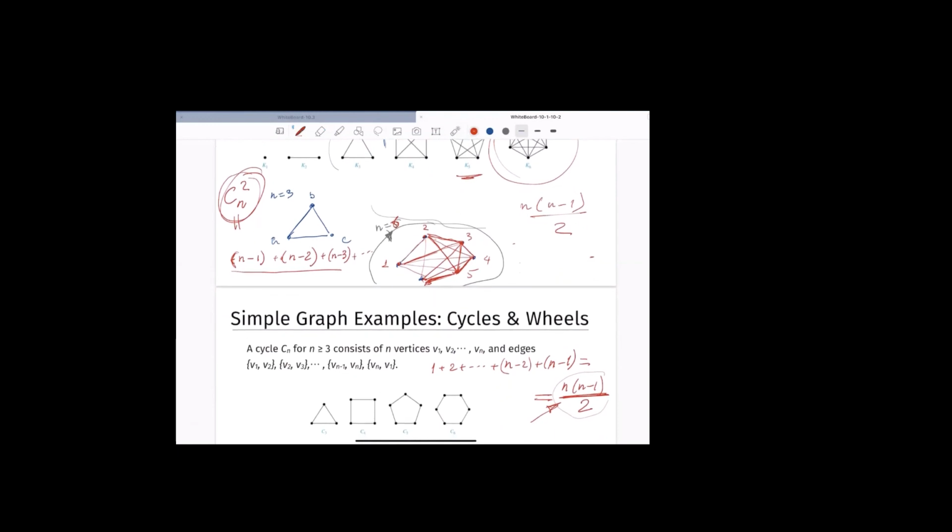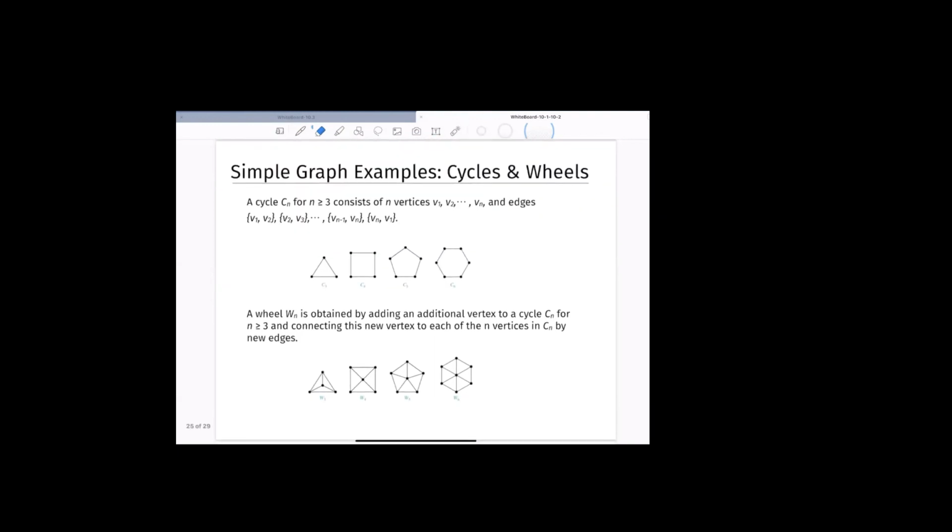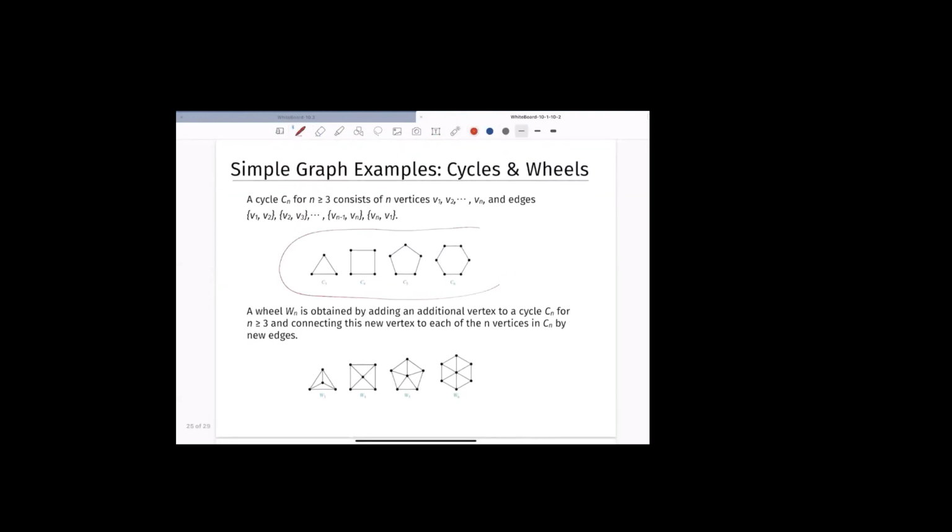Okay, so that's one kind of graph. Now we also have another kind of graph, which we'll call a cycle graph. Here are examples of cycle graphs. In a cycle graph on n vertices, you number the vertices v1, v2, up to vn, and you connect each vk to vk plus 1, as k ranges from 1 up to n minus 1.